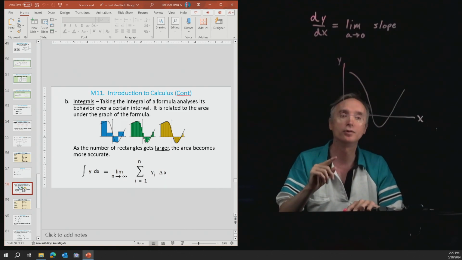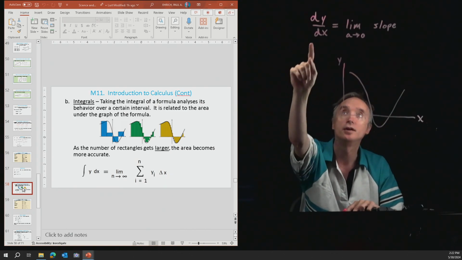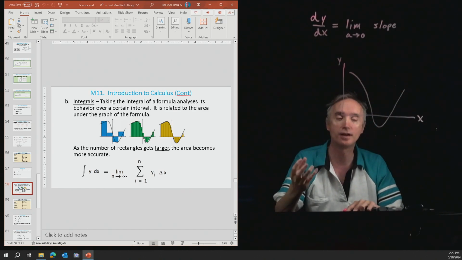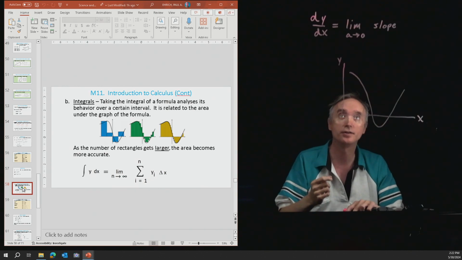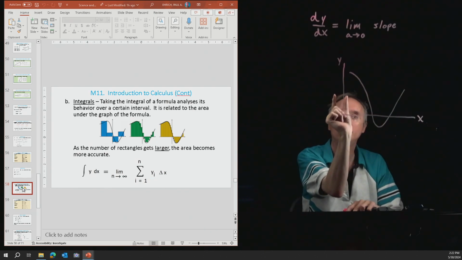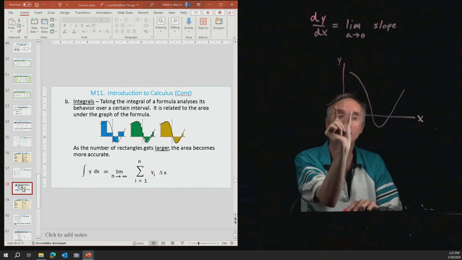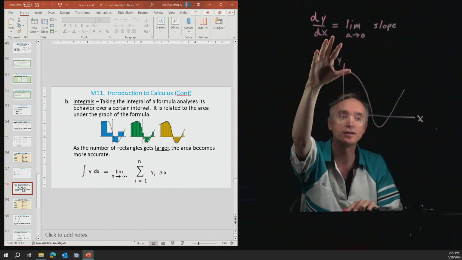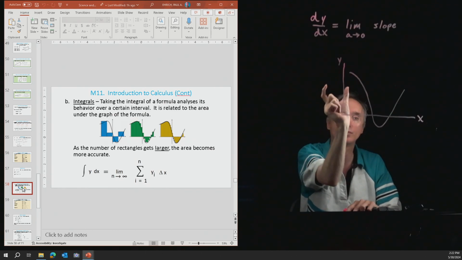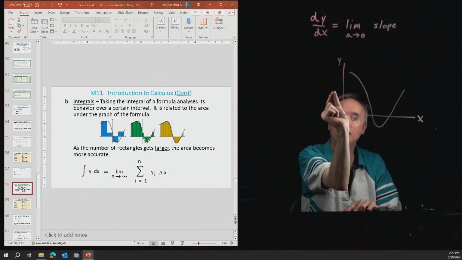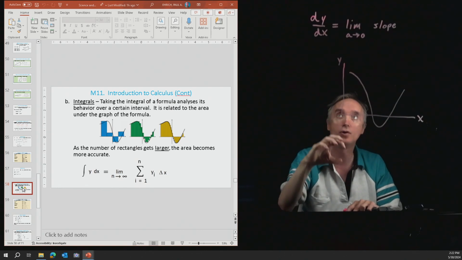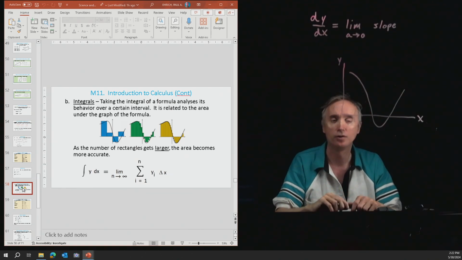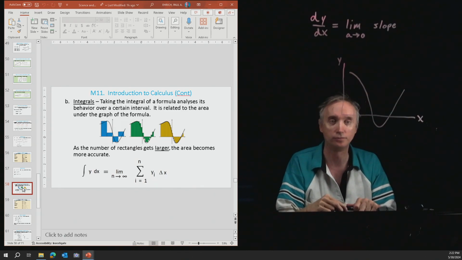The only difference between a derivative and the normal definition of the slope is that we make the run part go to zero. So slope is rise over run, and as the run part shrinks to zero, the slope turns into the derivative. Now we want to talk about what is an integral.